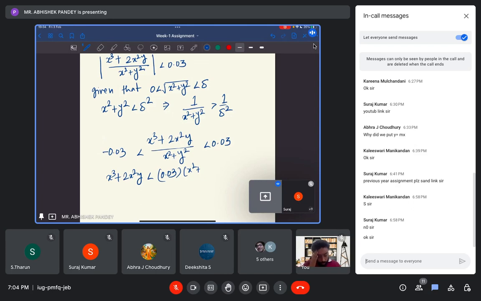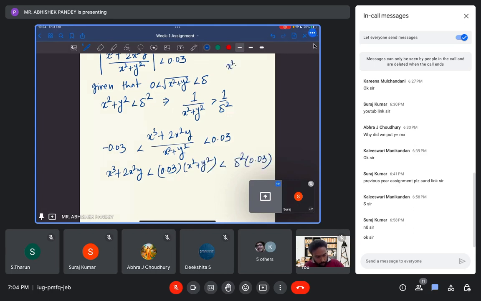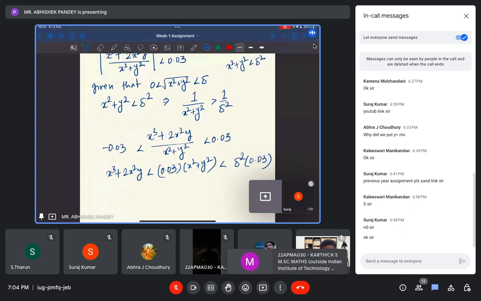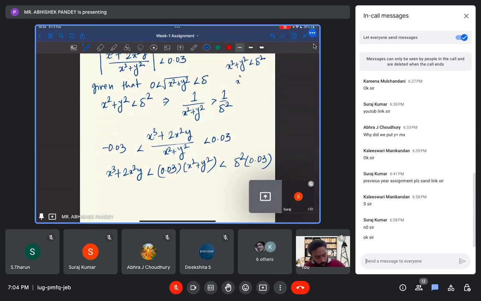Again, if you take, so if x square plus y square is less than delta square, so this individual quantity, x square and y square, would also be less than delta square, isn't it?